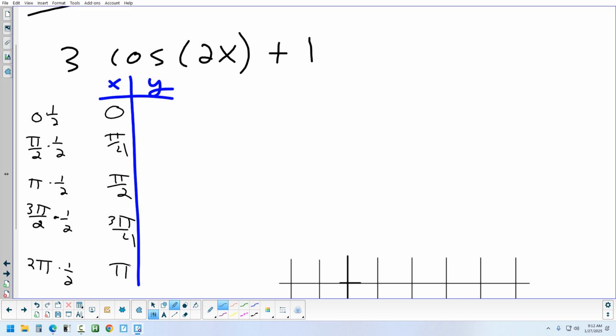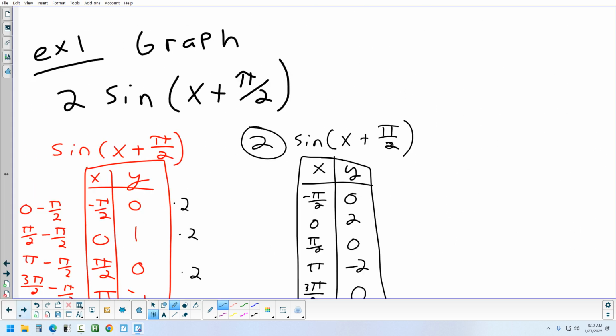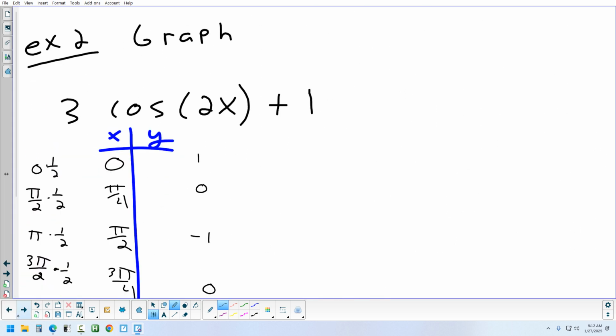Okay, now our original y values. 1, 0, -1, 0, 1. That's for cosine. Based on that list, should we do the vertical stretch and then shift? Or should we shift and then stretch? Stretch, then shift.